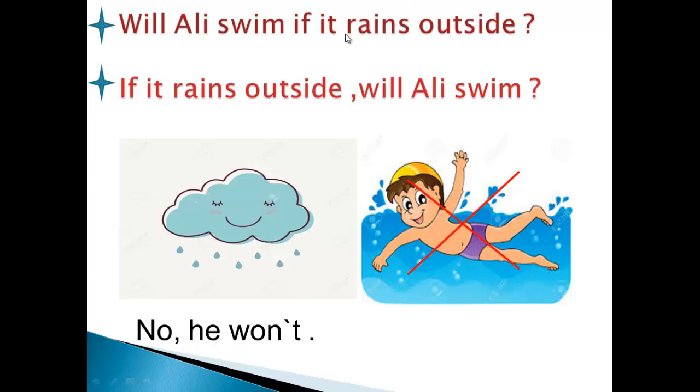Rains, present simple, you should add s with what? It, he, she. Outside, question mark. Or you can say, if it rains outside, comma, will Ali swim? The answer: no, he won't, because it rains, so he will not swim.